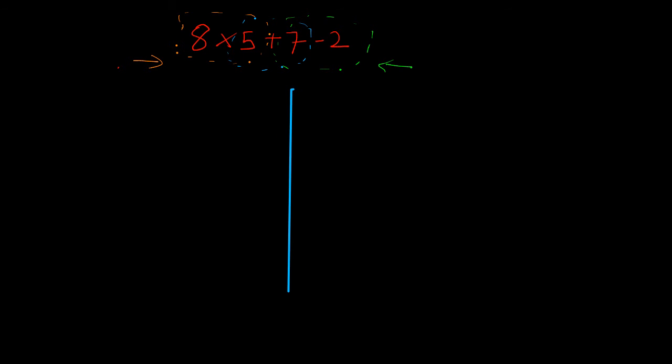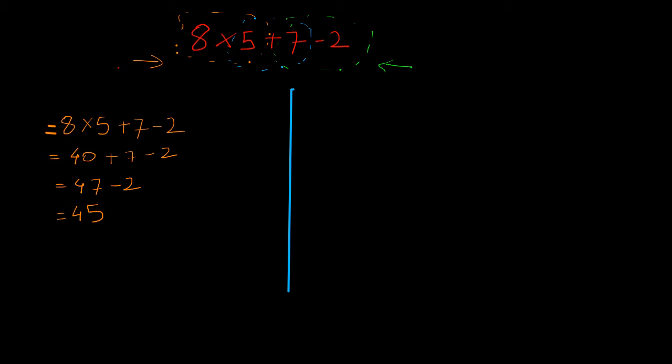So if we do the left one first, it's 8 times 5 plus 7 minus 2. So 8 times 5 is 40 plus 7 minus 2.